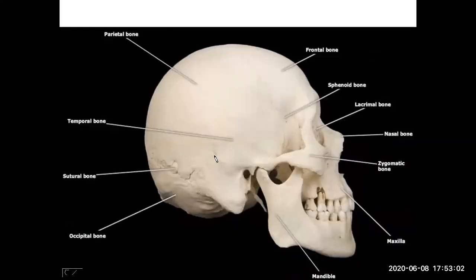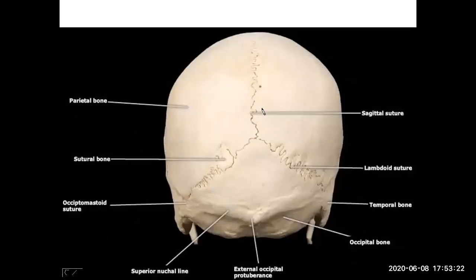I could highlight the squamosal suture for you and make that a little more obvious. Right there is that squamosal suture. Again, between parietal and temporal bones. Closer look at the sagittal suture, lambdoid suture.